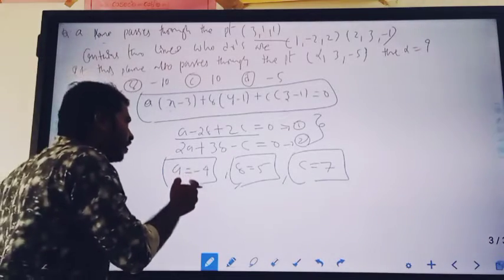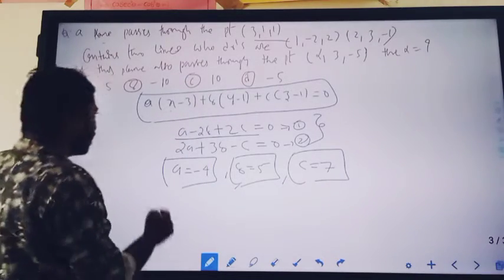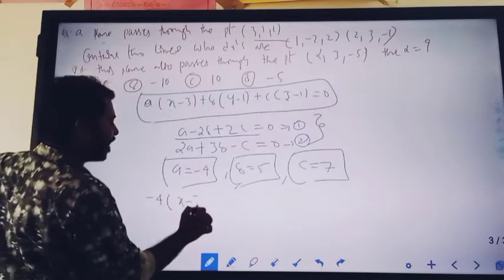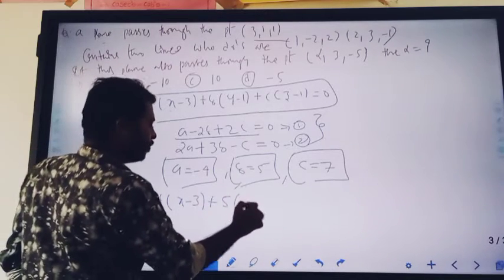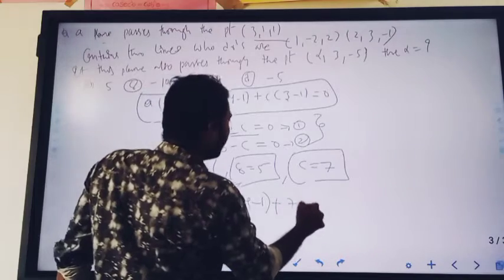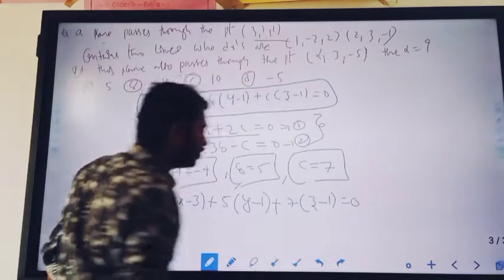After finding these values, we have to substitute in this equation. So -4 into (x minus 3) plus 5 into (y minus 1) plus 7 into (z minus 1) equal to 0.